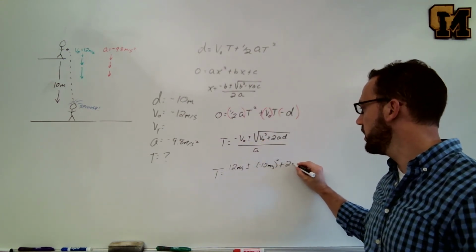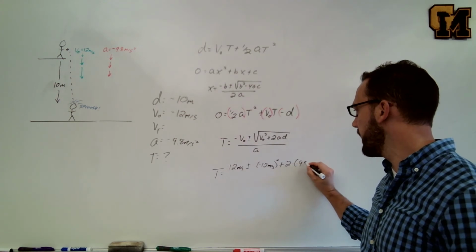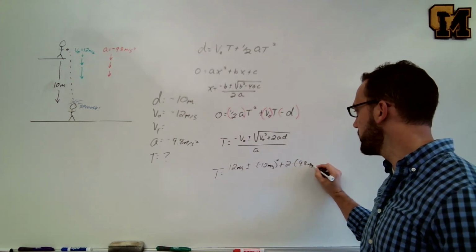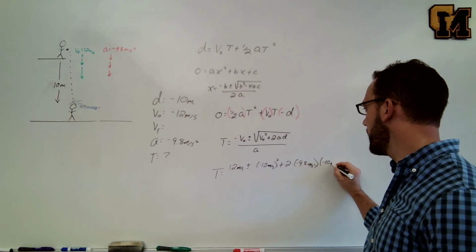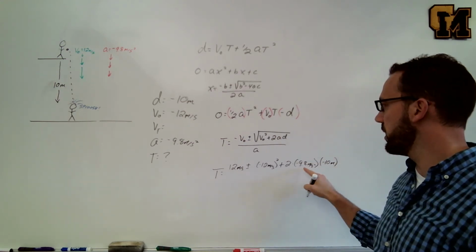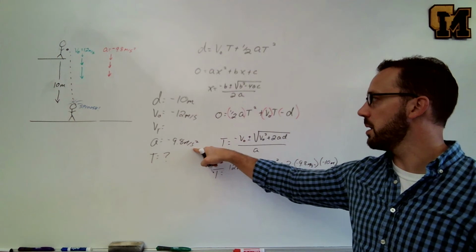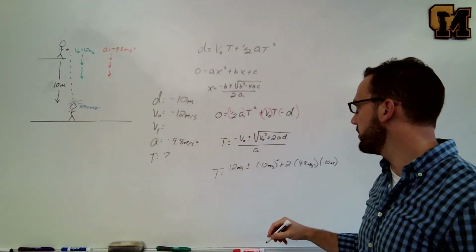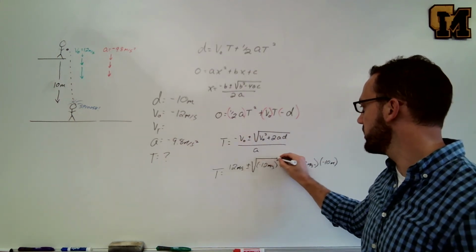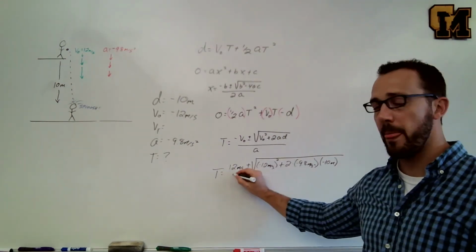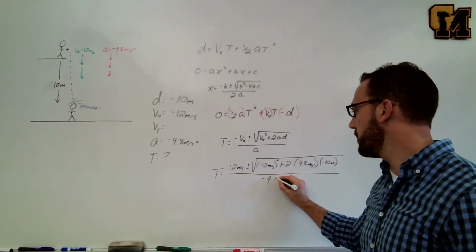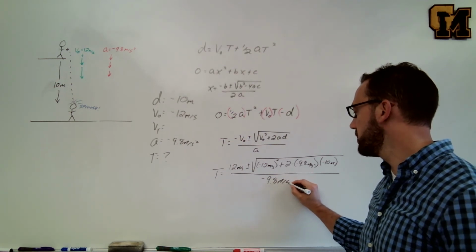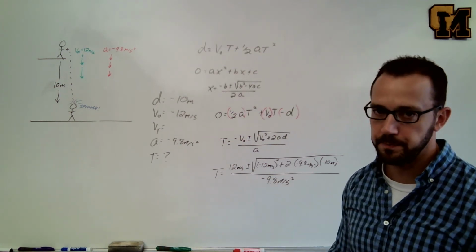Plus 2 times negative 9.8 meters per second squared times d, which is negative 10 meters. So I'm just plugging in my acceleration number and my d, which is that negative 10, and that's all underneath the square root symbol. And then I'm going to divide that by a, which is still negative 9.8 meters per second squared.